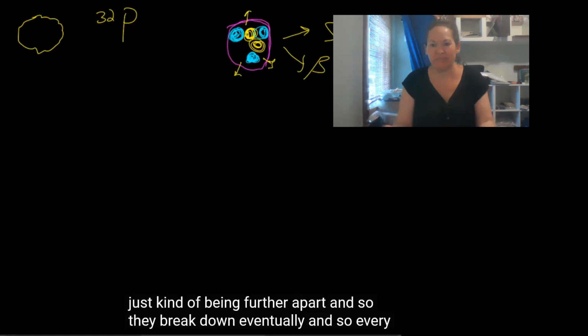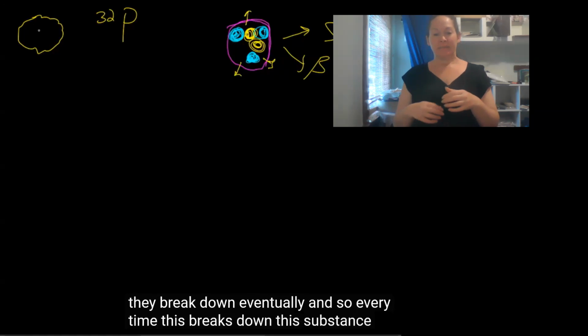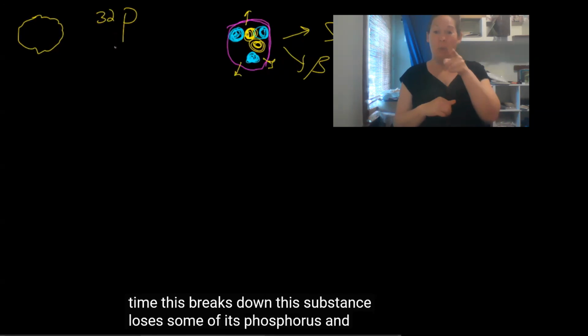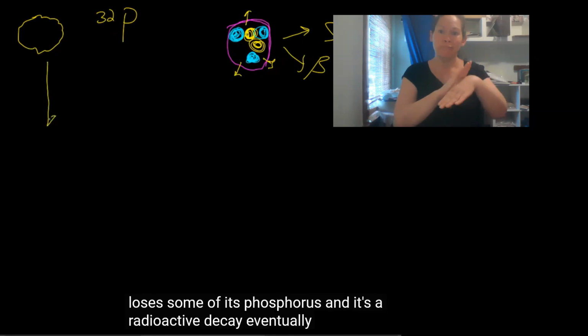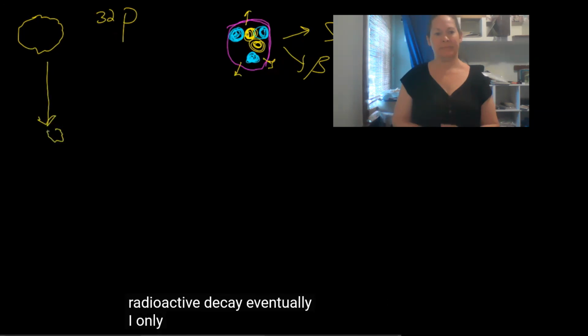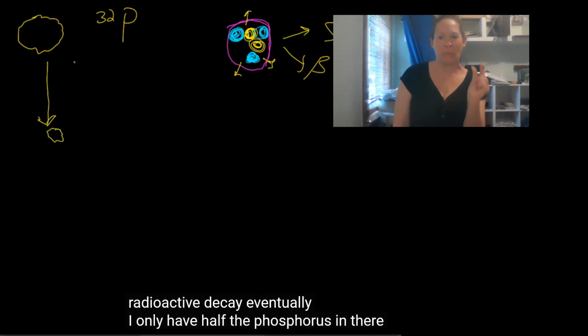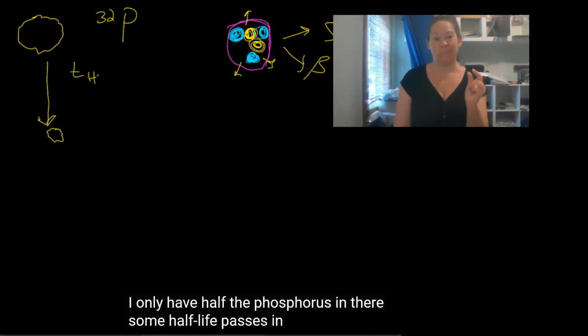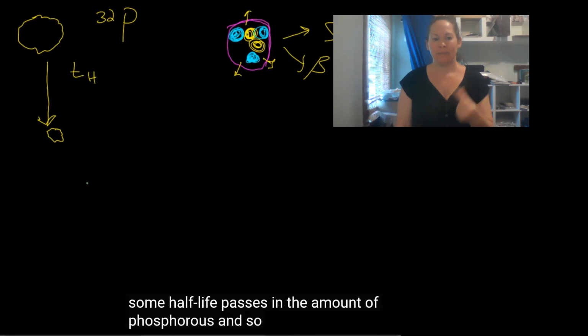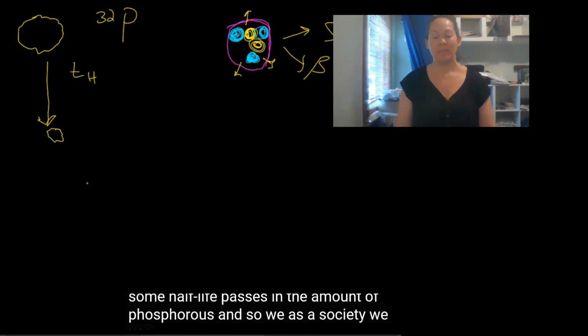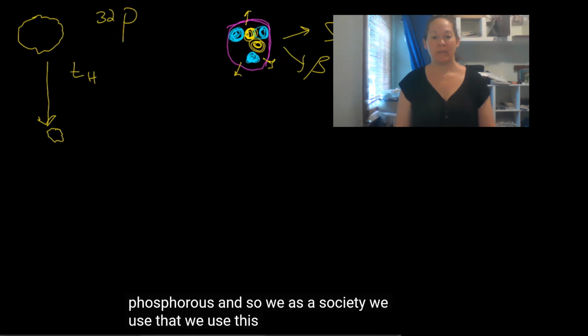And so every time this breaks down, this substance loses some of its phosphorus. And so with radioactive decay, eventually I only have half the phosphorus in there. Some half-life passes, and the amount of phosphorus has halved away. And so we, as a society, use this process.